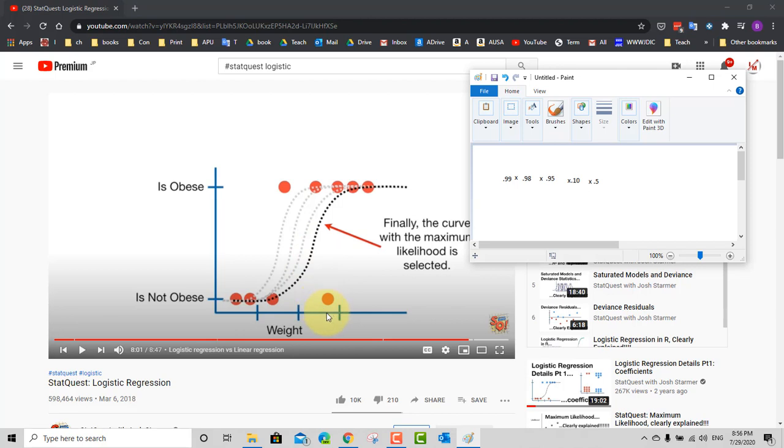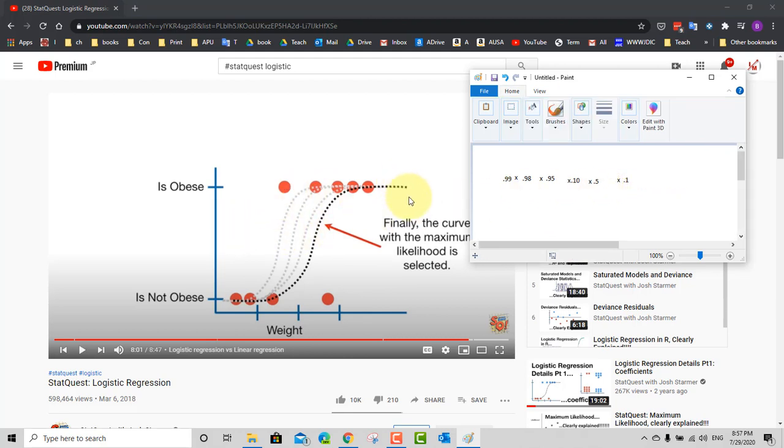Yeah, we did that one. Now we go to here maybe. This one has about a 90% chance maybe that it is obese. But what's the chance that it predicted correctly? Correctly is not obese. So it only was about a 10% chance that it was correct. So we add in times 0.1.